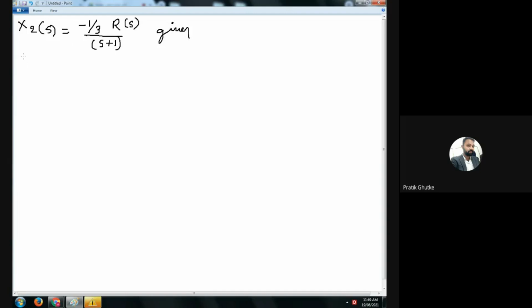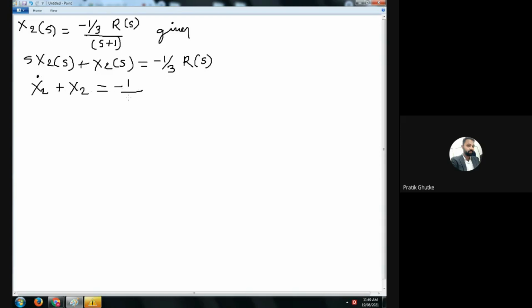Similarly, I will do the cross multiplication here. S into x2 of s plus x2 of s equals minus 1 by 3 r of s. This was my simplification. You know that s into x2 of s is nothing but the x2 dot term. So x2 dot plus x2 equals minus 1 by 3 r. Can I rewrite it like this?